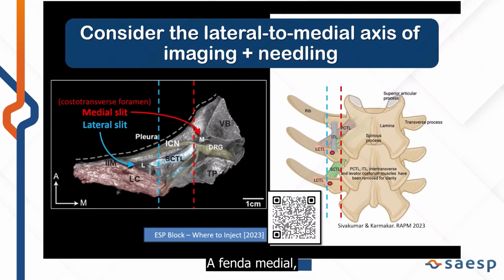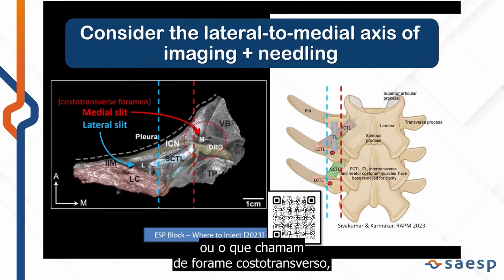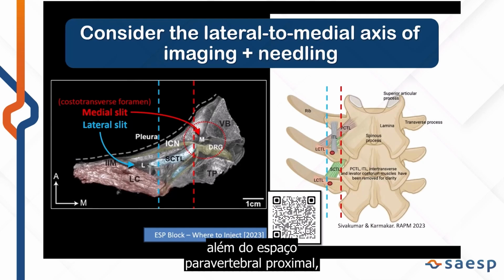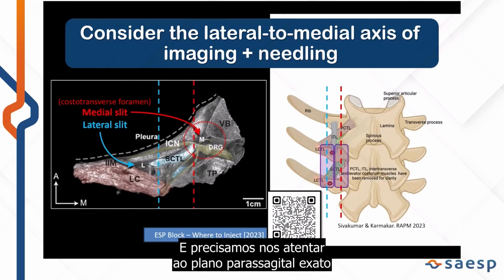The medial slit, or what others call the costotransverse foramen, is the closest passageway connecting the ESP and retro-SCTL space, as well as the proximal paravertebral space, where you can see that the spinal nerve root is emerging from the neuroforamen. So, we must pay attention to the exact parasagittal plane that we're imaging and needling in terms of whether we're more medial or lateral.